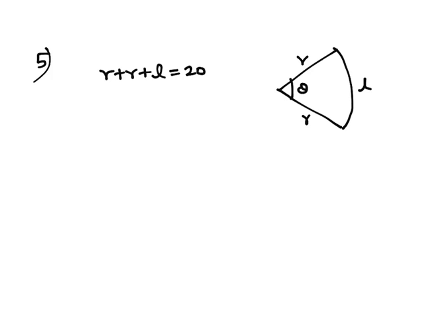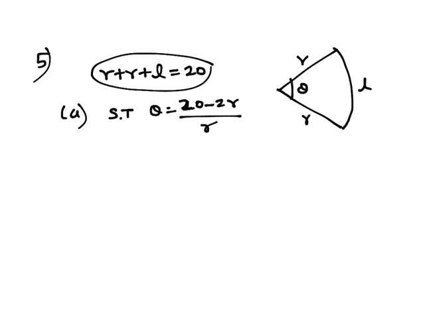The first part is, you have to show that theta equal to 20 minus 2r by r. Now how do we show that? Let us take this expression. You can see that there's a 20 here, so obviously I have to use this expression.